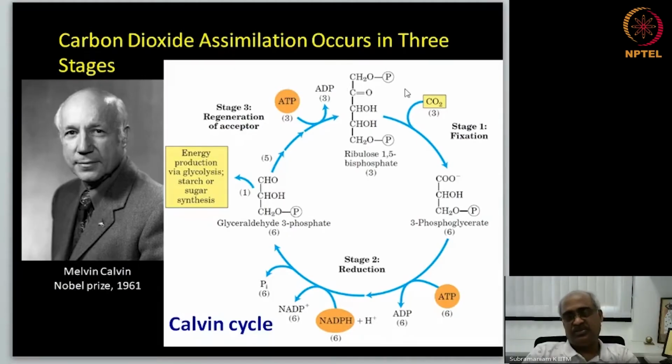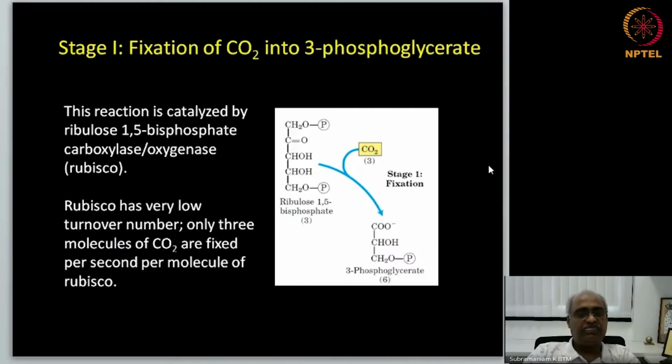So today we are going to spend a significant amount of the time focusing on this stage 1, fixation. This entire cycle is called the Calvin cycle in honor of the scientist who elucidated this pathway. So this is stage 1, ribulose 1,5-bisphosphate becoming 3-phosphoglycerate.